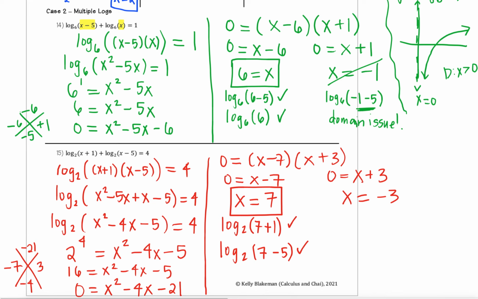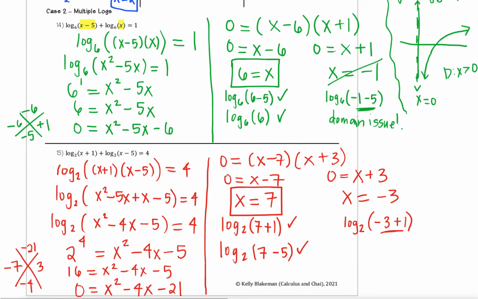Now, just because x equals 7 worked does not mean that negative 3 won't work. We have to individually check this one as well. So why don't you guys pause the video here and check x equals negative 3 and see if that works out as a solution. So subbing in the negative 3, let's start with the first log, log base 2 of x plus 1.